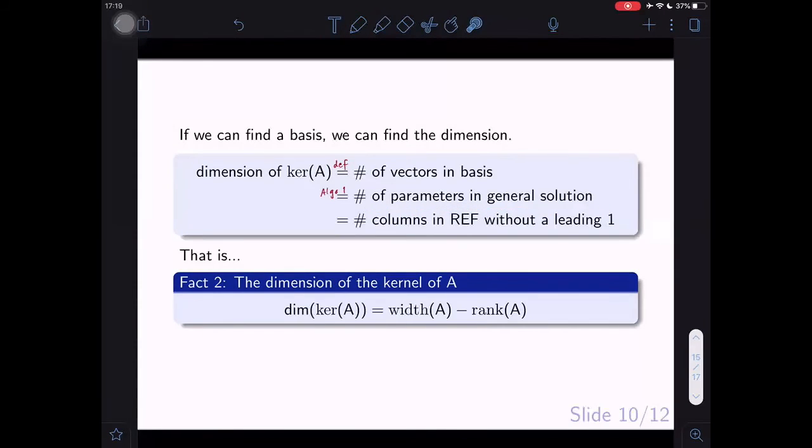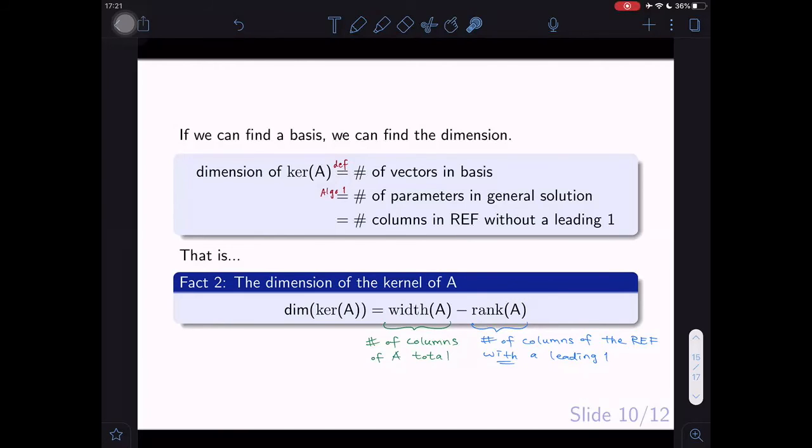But the number of parameters in a general solution is just the number of columns in a row echelon form without a leading one. But the number of such columns is the same as counting the number of columns of A total, which is the same as the width of A, minus the columns with a leading one, which is the same as the rank of A.